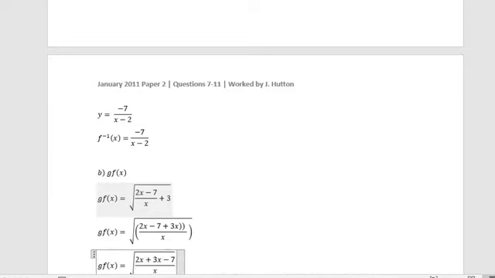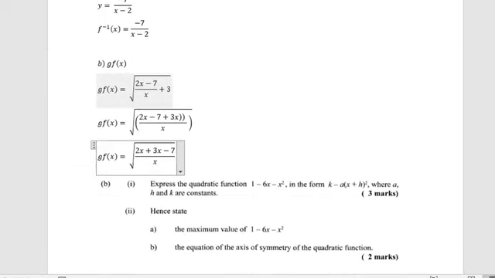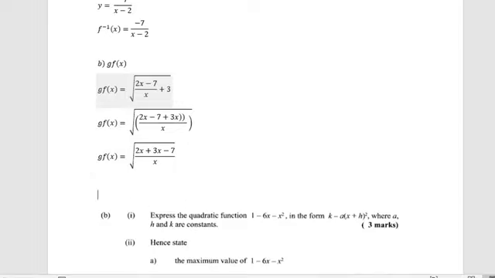Now when we add, g of f of x is equal to the square root of (5x minus 7) divided by x.